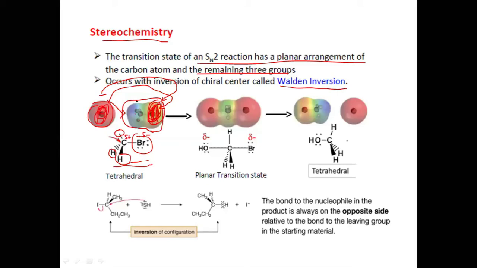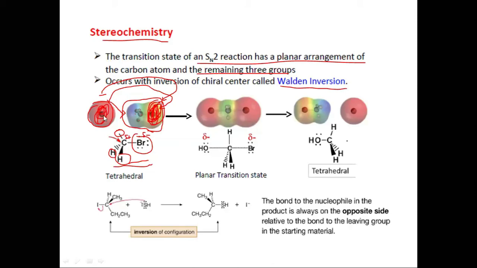Instead, in the backside attack there is no steric hindrance or electron repulsion caused by any of the substituents present on the carbon, and the nucleophile can easily approach the carbon carrying the leaving group from the back side rather than the front side.